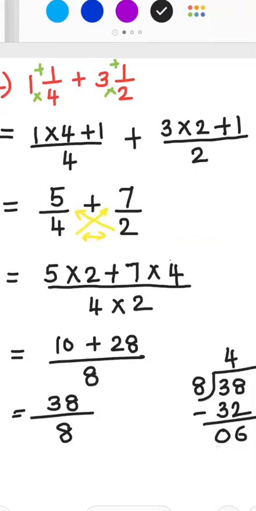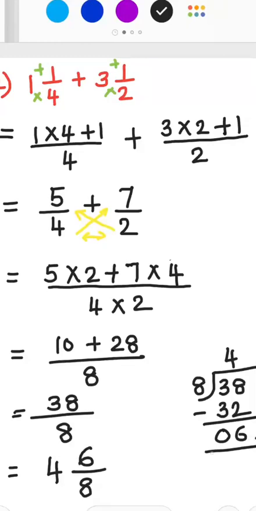The remainder is 6. Then how to write this in mixed fraction form? 8 is the denominator, which will always be the same, it won't change. 8 how many times closer to 38, it's 4 times. So again the same thing, multiply and plus how much? 8 fours are 32 plus 6 is 38.